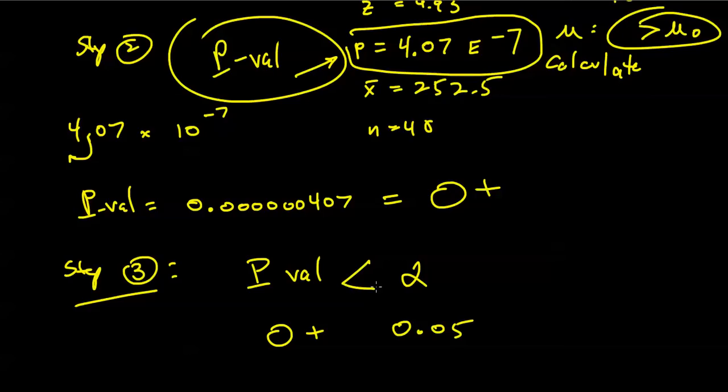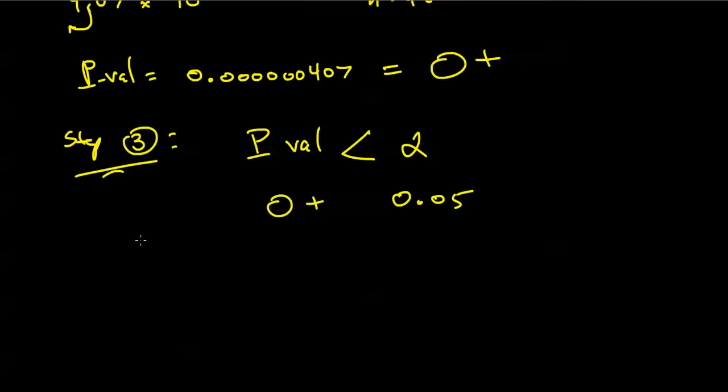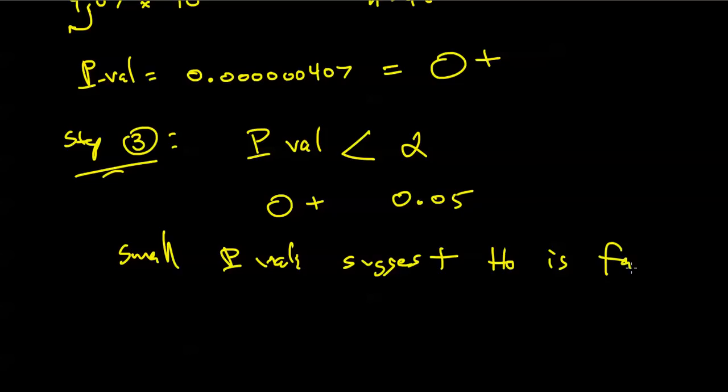And of course, this p-value is less than 0.05. And remember, small p-values suggest H0 is false. Doesn't prove it, but suggests it. Right? And you might ask, smaller than what? Well, of course, it's smaller than alpha. Alpha is going to be your bar, so to speak, that you've got to overcome.